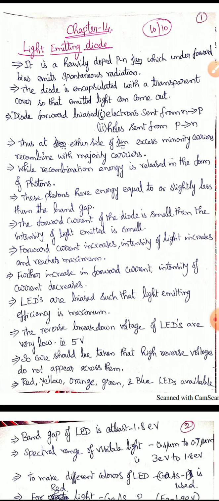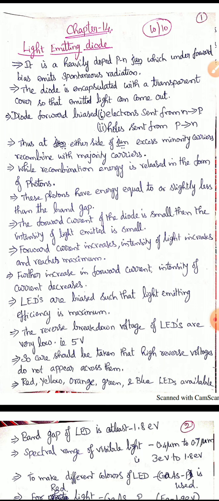LEDs of different colors are available. The colors are red, yellow, orange, green and blue. The band gap of an LED should be at least 1.8 electron volt.